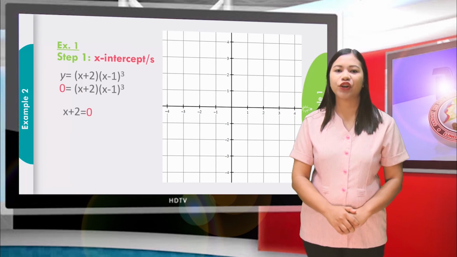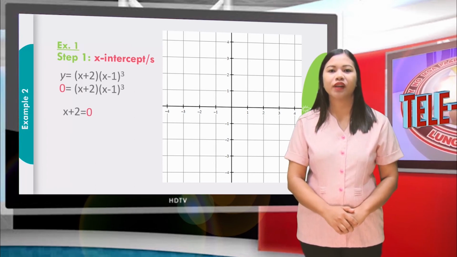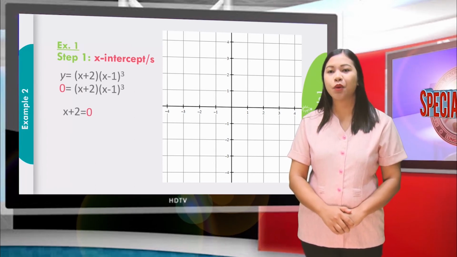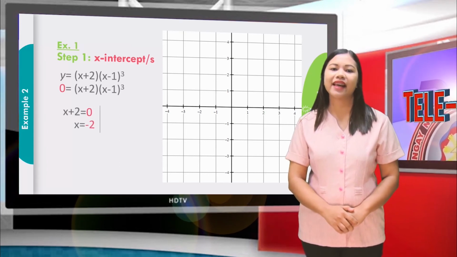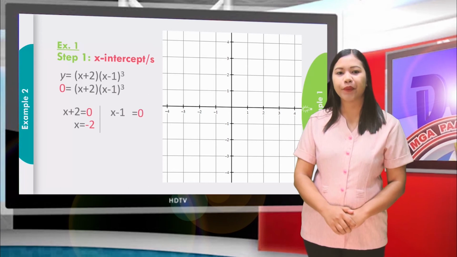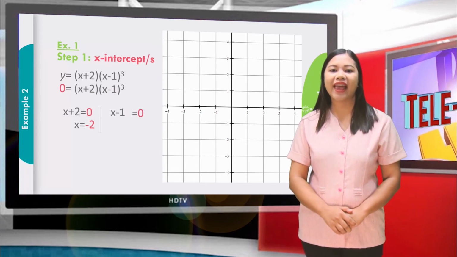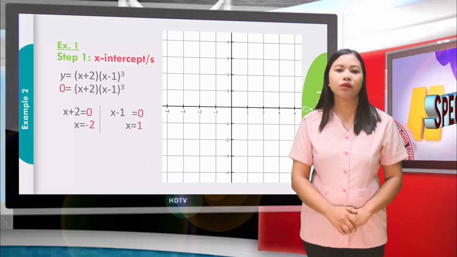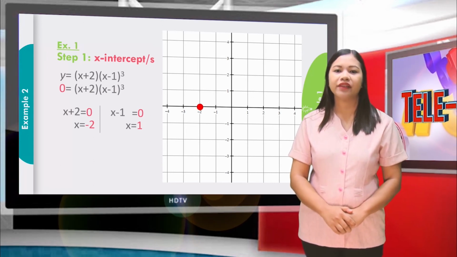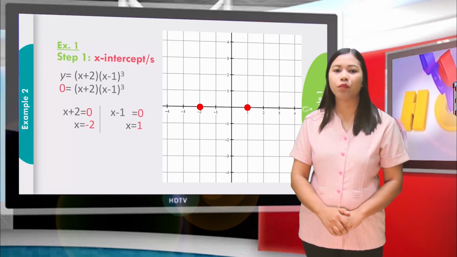Get the first factor and equate it to 0. Solving for the value of x, we have x equals negative 2. Get the second factor and equate it to 0. Solving for the value of x, we have x equals 1. So, the x-intercepts are negative 2 and 1.